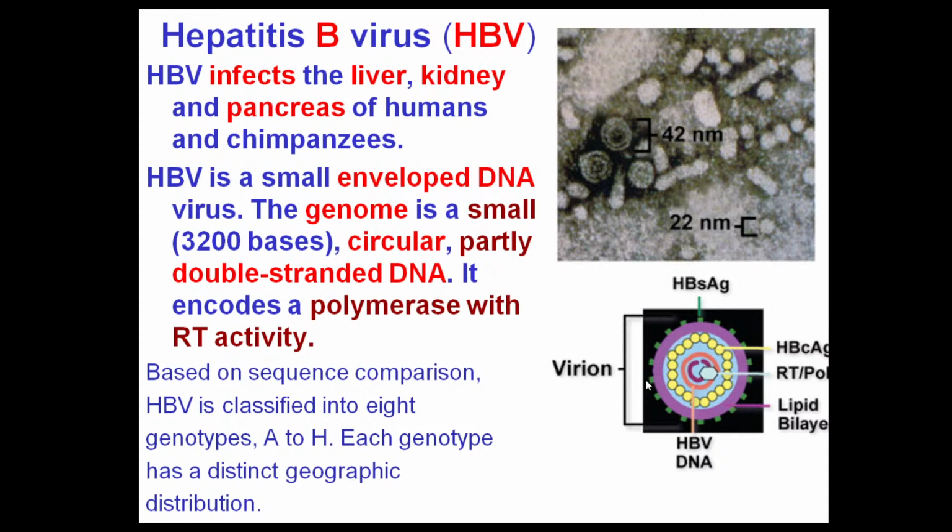virus, which usually infects the liver, kidney, and pancreas in humans and chimpanzees. It is a small enveloped virus, and you can see that the true virus is spherical, with a 42 nanometer diameter, and it is made up of partially double-stranded DNA, a very small one, around 3.2 kilobases.